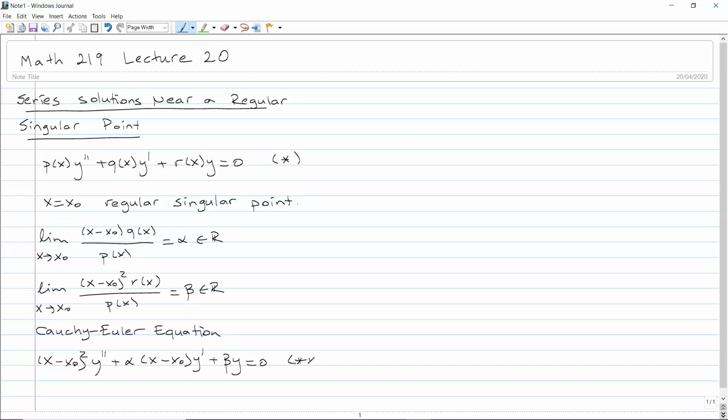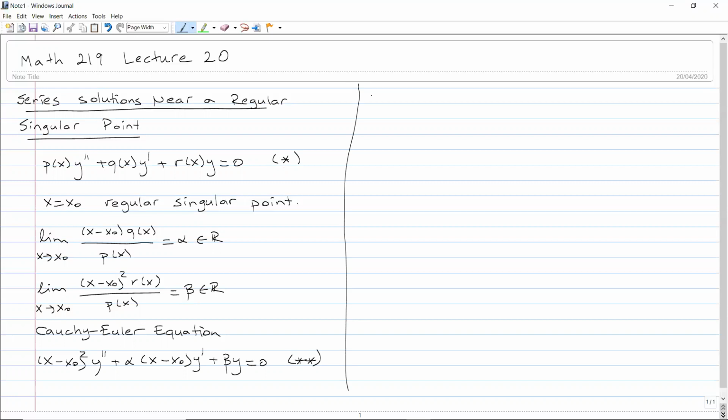Let me label this as equation double star. Of course, our equation star doesn't have to be a Cauchy-Euler equation. But in a way, we consider the two equations close.